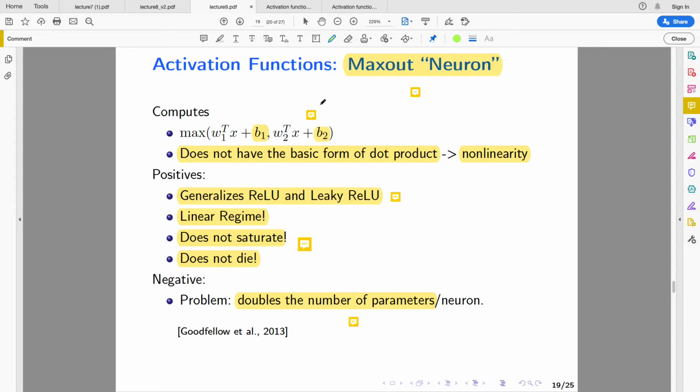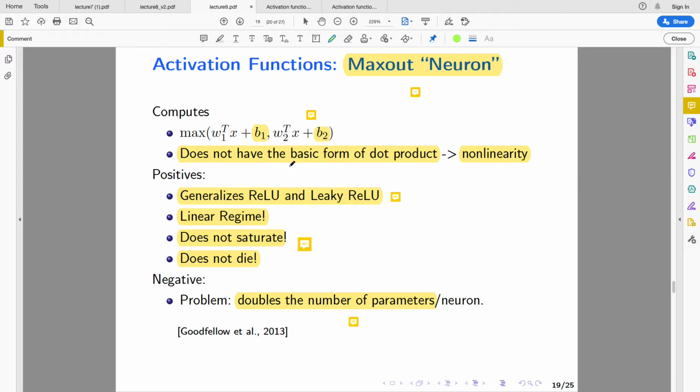Another example of the activation function is Maxout, and it uses this formula. You take the x, you multiply it by the weight 1 transpose plus the bias, then again there will be weight 2 transpose plus the second bias.